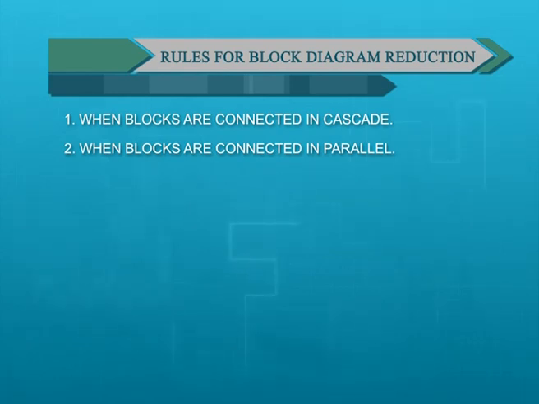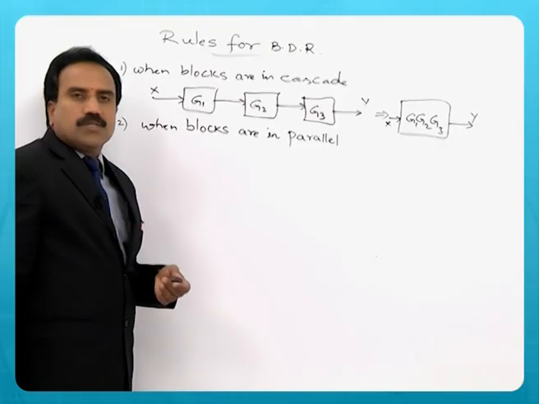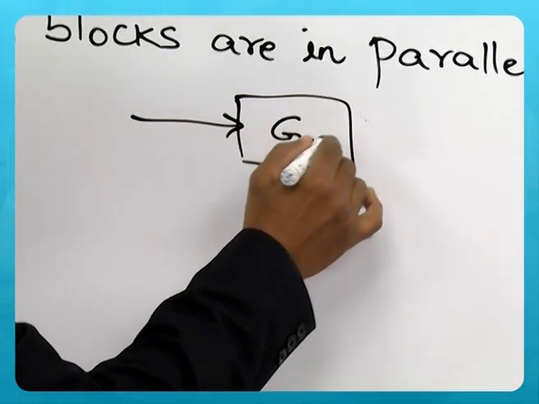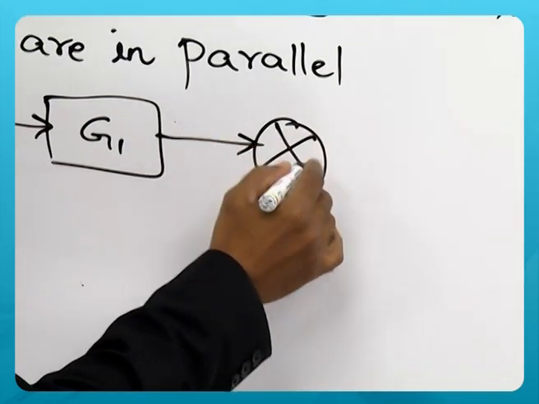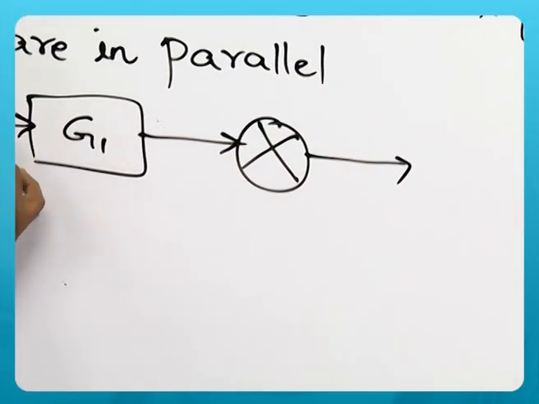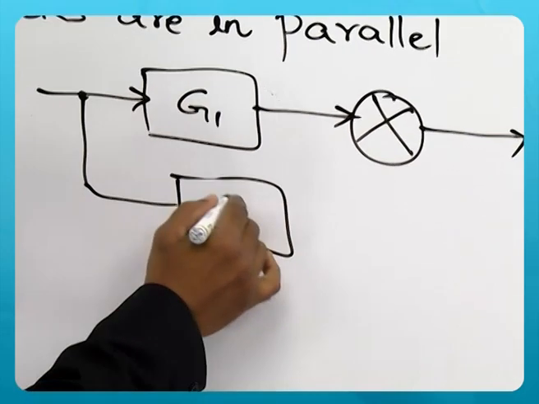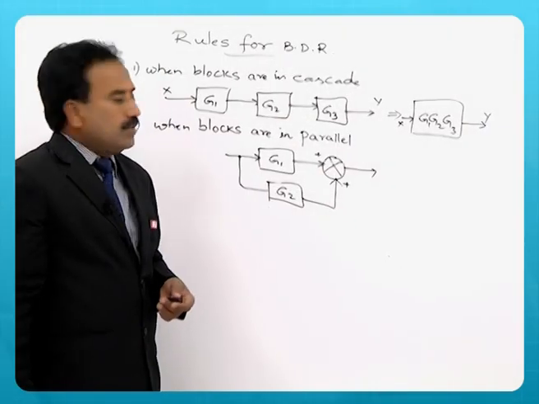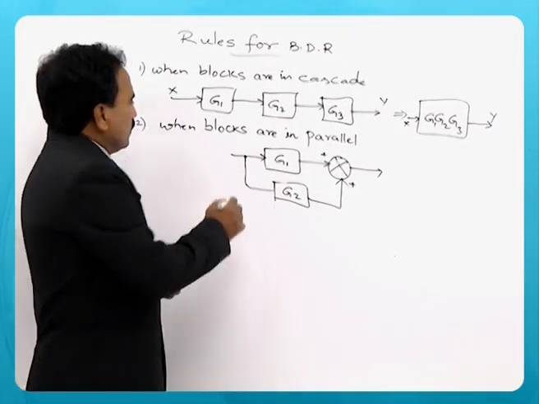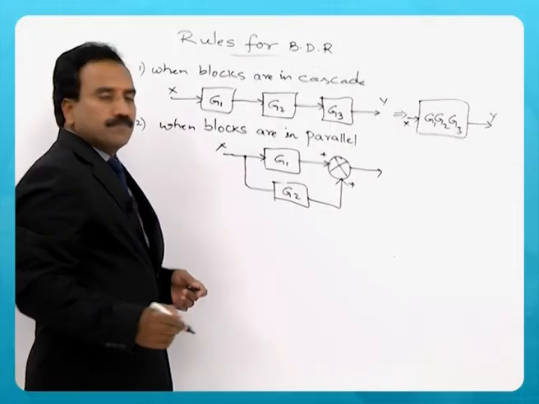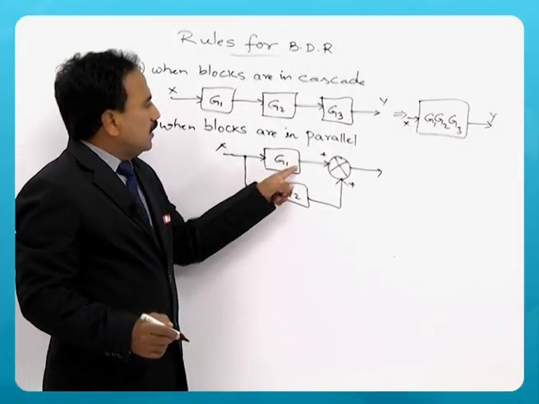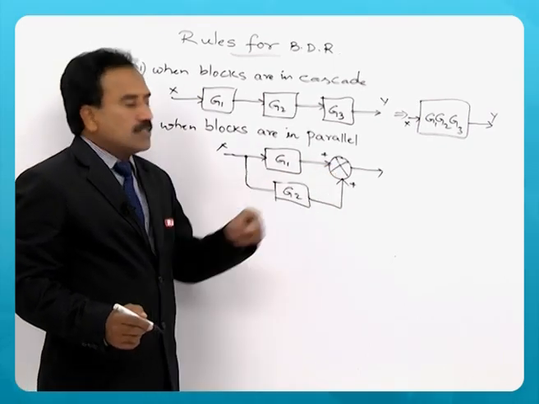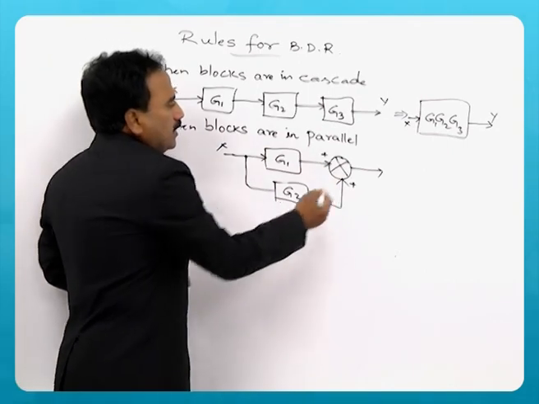Second rule, when blocks are in parallel. Blocks are in parallel. What does it mean? This is said to be blocks in parallel. The same signal, say x, goes through block gain G1 to the summing point, and the same x is going through G2 to the summing point. Assume that the polarity is plus.